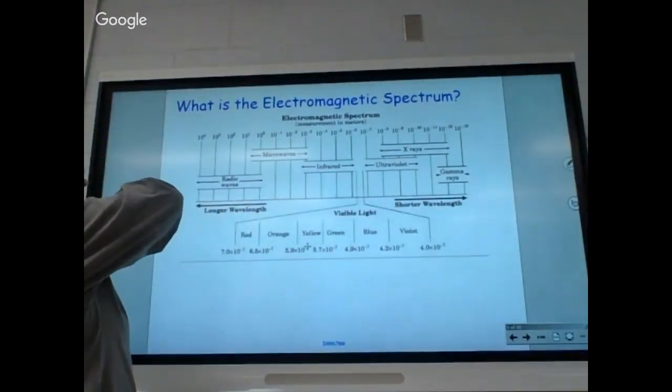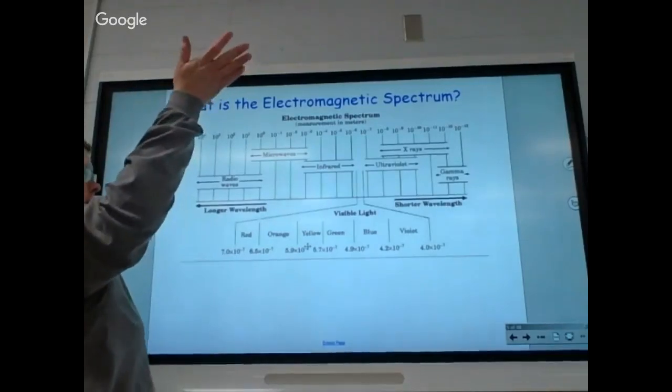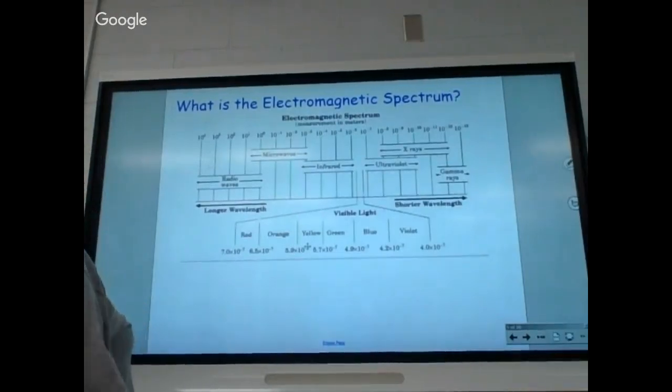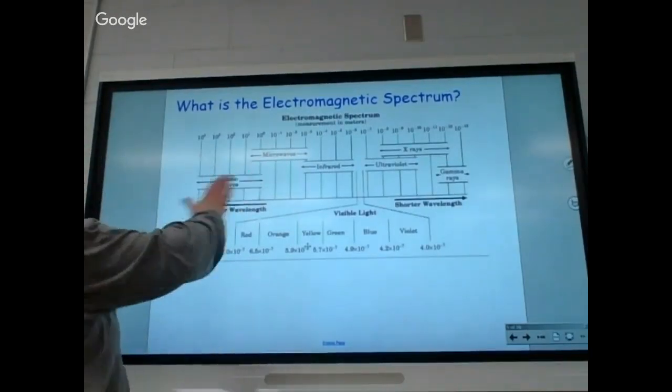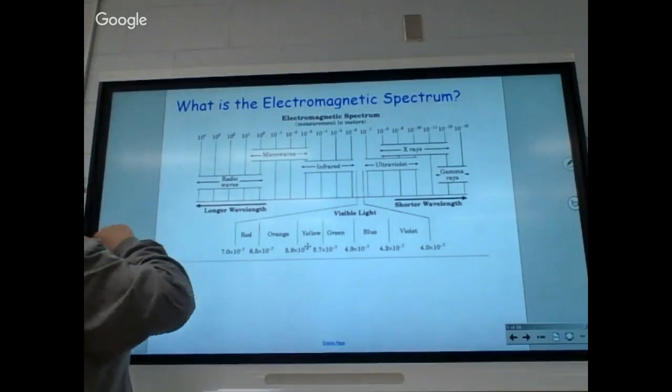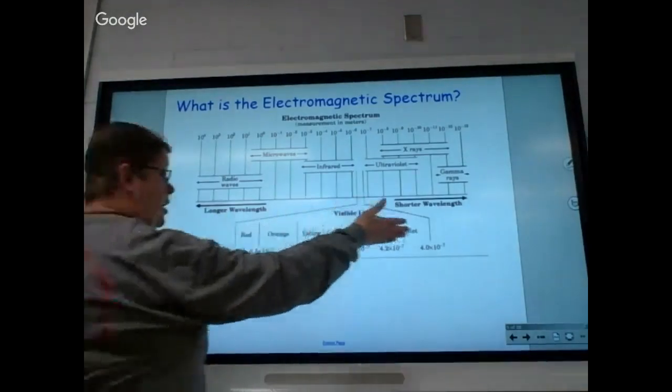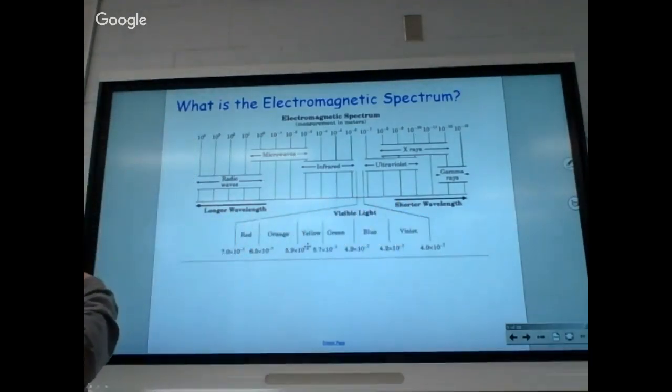One of them asked which has the longer wavelength. The longest wavelength would have just been radio waves. And if I said which color has the longest wavelength, it works the same way. You just look at the colors.